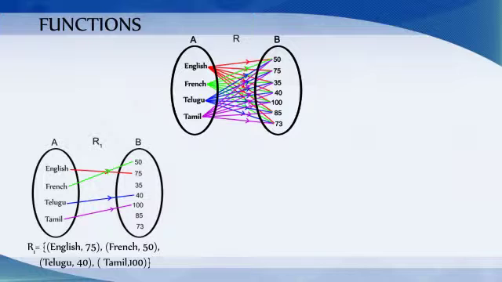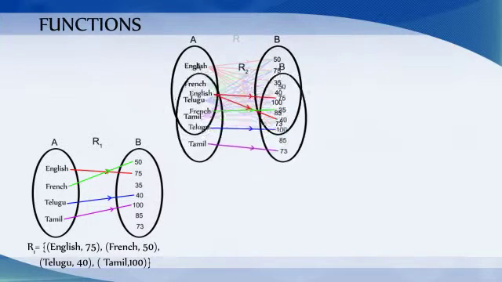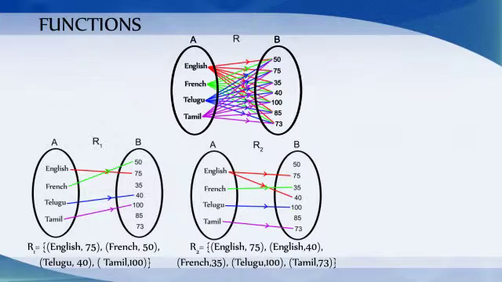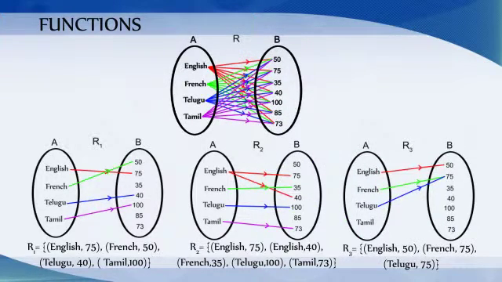Similarly, R2 is equal to English, 75, English, 40, French, 35, Telugu, 100 and Tamil, 73. And R3 is equal to English, 50, French, 75, Telugu, 75. Let us analyze these three relations.